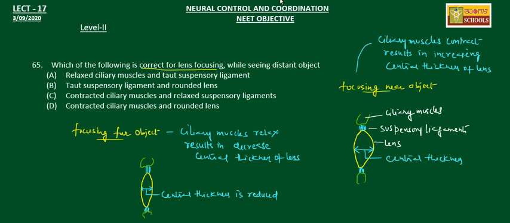So that's what we call the taut suspensory ligament. The taut suspensory ligament is caused by relaxed muscle.